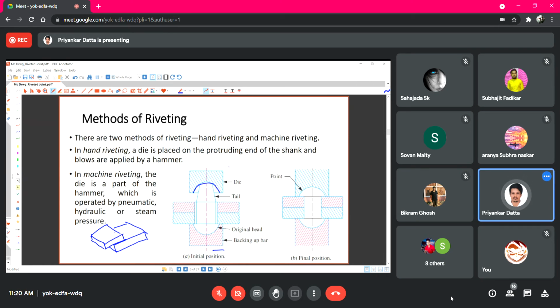So when it is pressed using a die, this extra material in the tail portion is plastically deformed due to high load or high pressure, and it takes a shape in this form here. So both the sides look similar, like the head part, and this die and backing up bar are removed, so we get the final desired joint. So in this manner we can complete the riveting process.